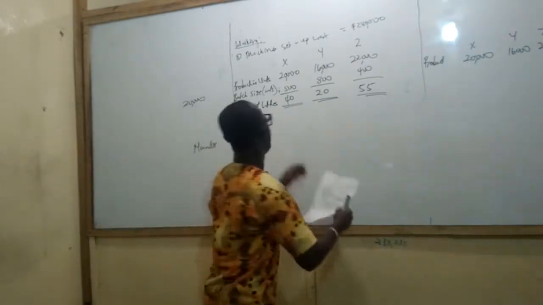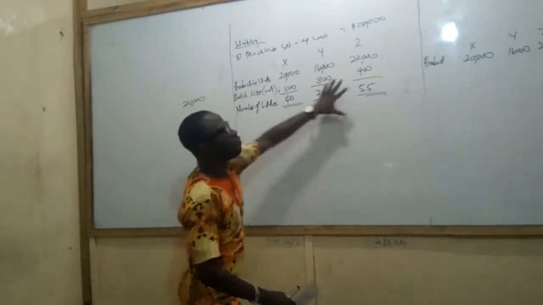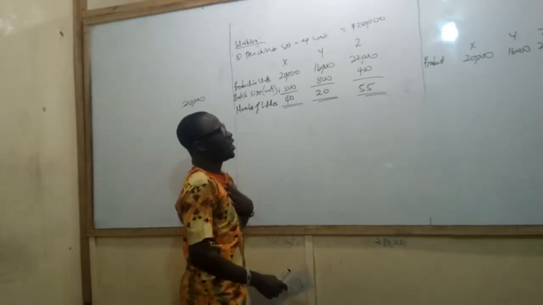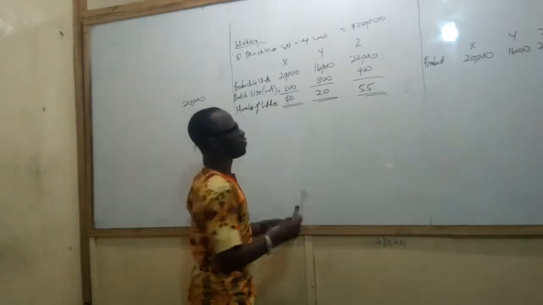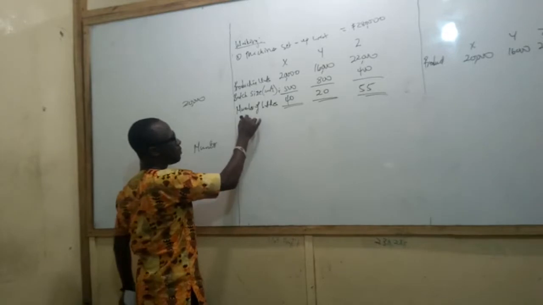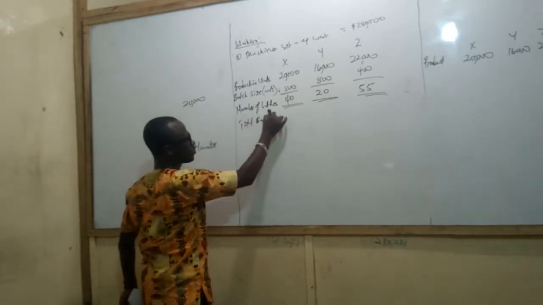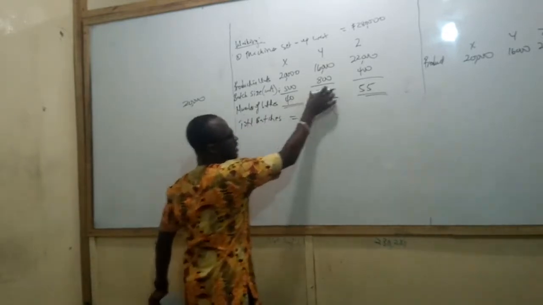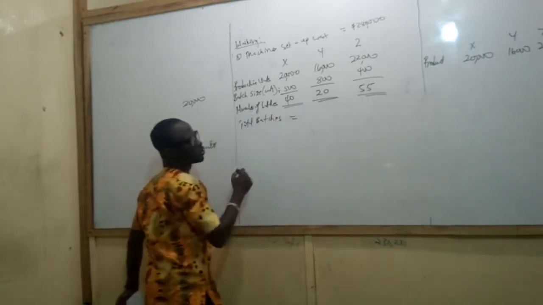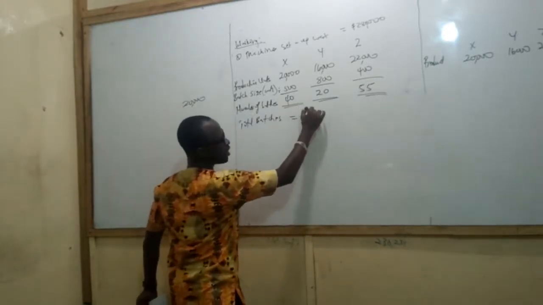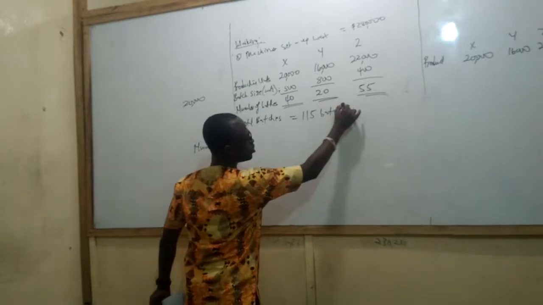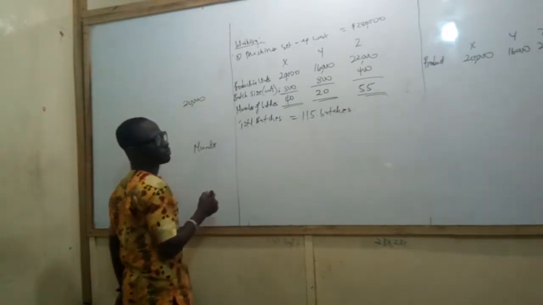Let's continue. Now that we have the number of batches, remember, we are not just looking for the number of batches, we need to get the total batches. So add these three up, and that is going to give us 115 batches. Correct.